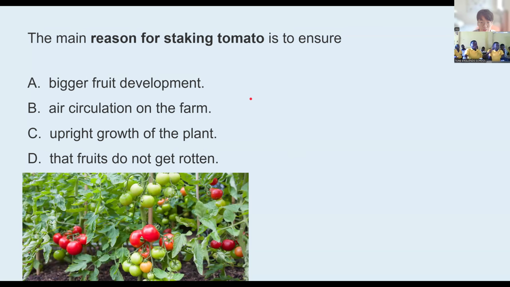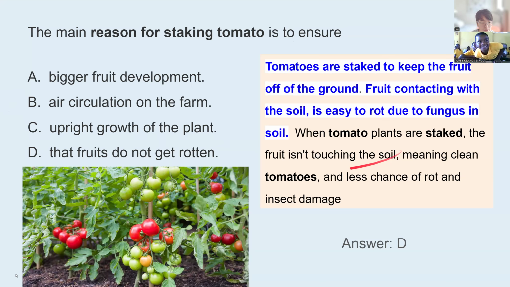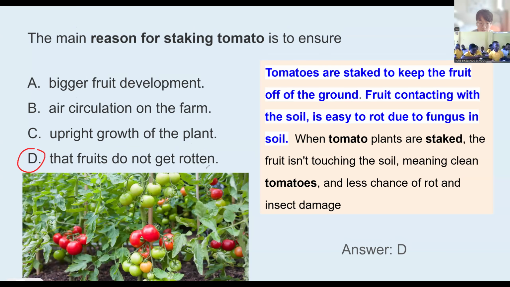Yeah, I'm hearing different answers. I'm hearing maybe B, and I think I heard some C's or A's. But the reason for using these sticks and staking the tomato is, yeah, it's the fruits, so that the fruits do not get rotten.